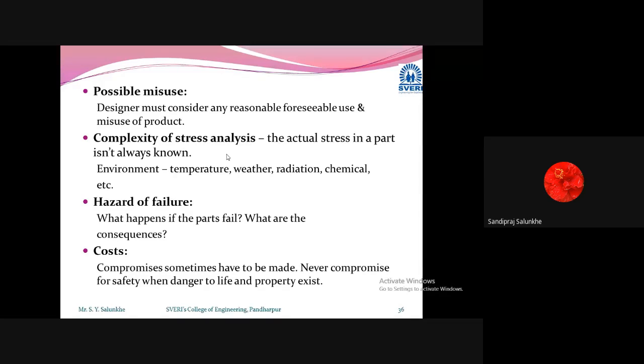That particular aspect is going to affect the factor of safety, when you are choosing that factor of safety. And I have already talked about the cost. If you are using more factor of safety, cost will be higher.